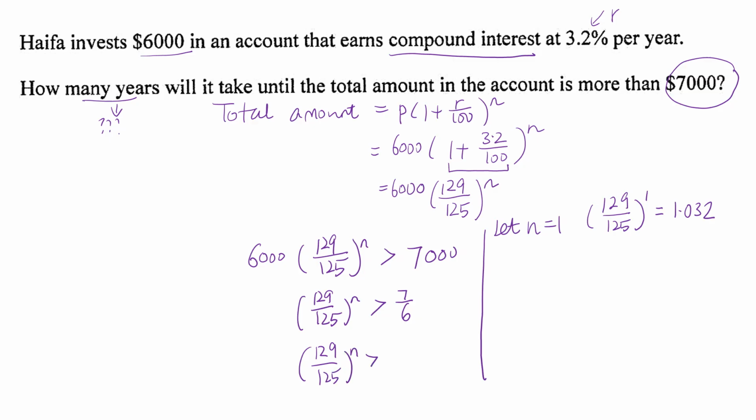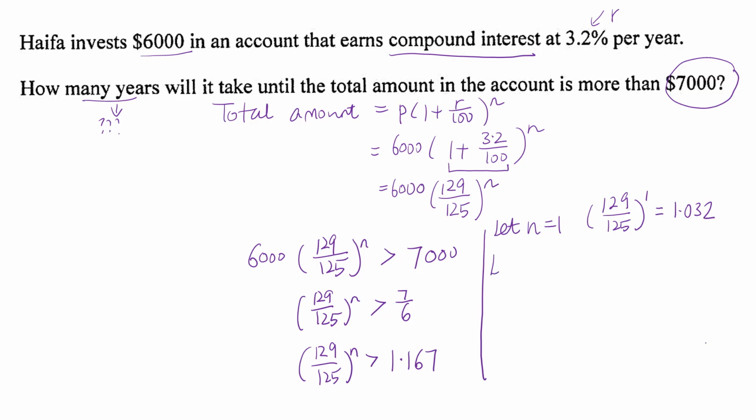Let's express 7 divided by 6 as a decimal number, so it's easier to do a comparison. So 1.032 is obviously not more than 1.167. So n equals 1 is not the answer that we are interested in.